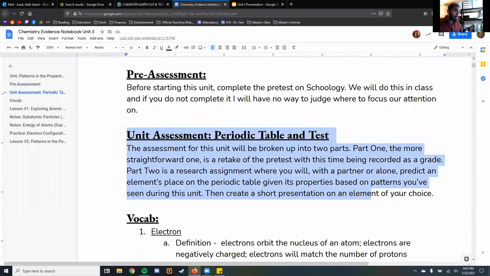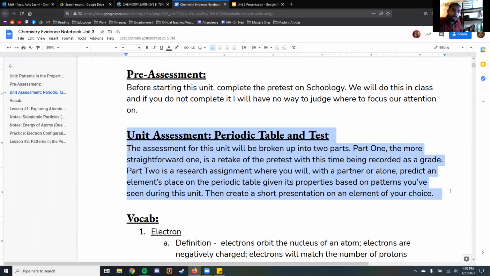And that brings me to the second part here, the unit assessment. The unit assessment is broken up into 2 parts. The first part is retaking that pretest, this time for a grade. The second part is a little bit more in-depth. It's you alone or with a partner attempting to identify unknown elements based on their different properties.